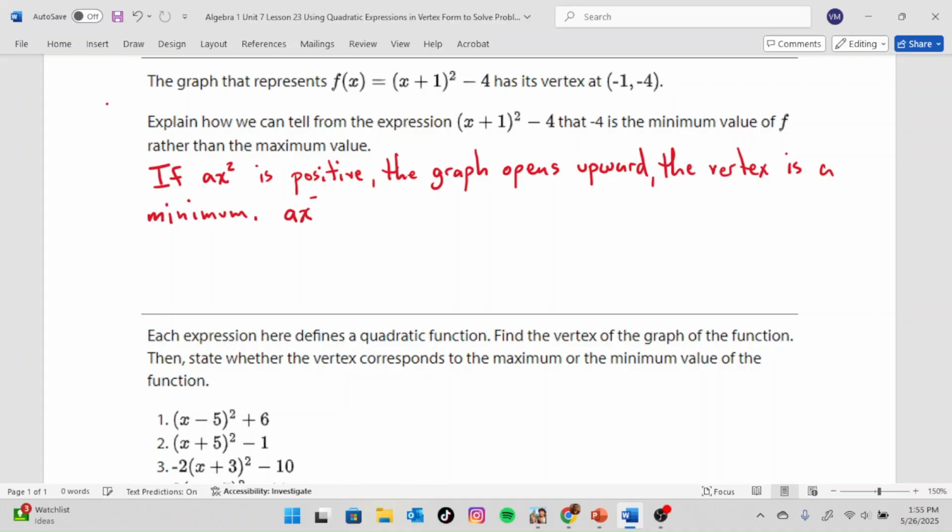So ax squared here equals 1x squared, which means we have a positive a. This opens upward, so the vertex is the minimum.